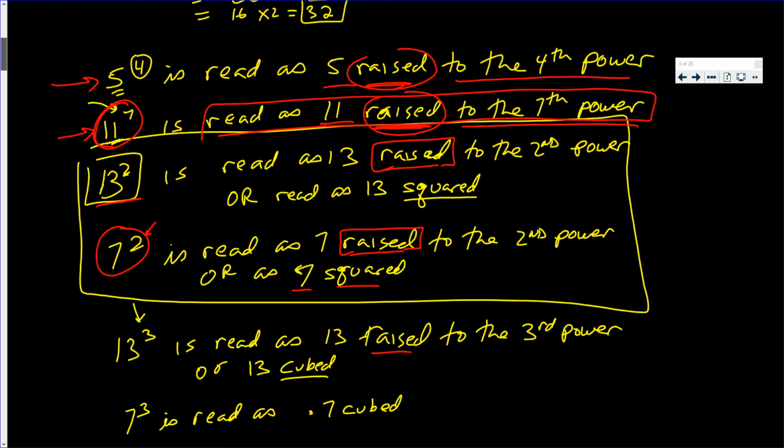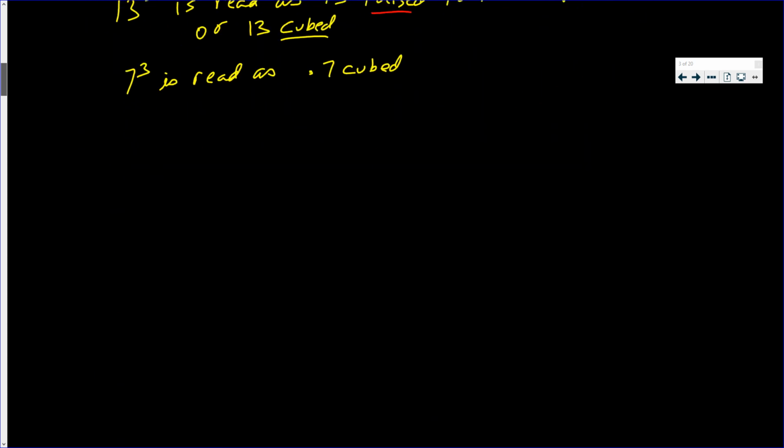Now, let's talk a little bit about notation. When you have 12 to the 6th, that number is called the base, the number that's being repeatedly multiplied. And the number of times this is being multiplied is called the exponent or the power.